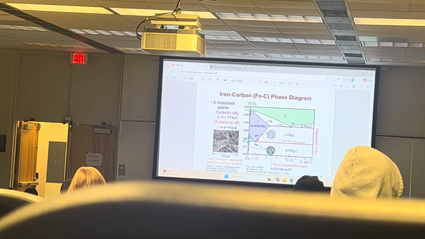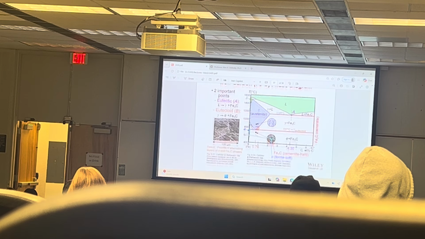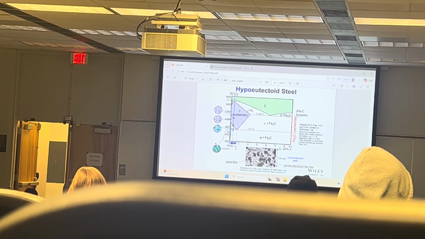This Fe3C is called cementite, and it's very hard. Alpha is called ferrite, and it is soft. So there are hypoeutectoid steels that are on the left side here.